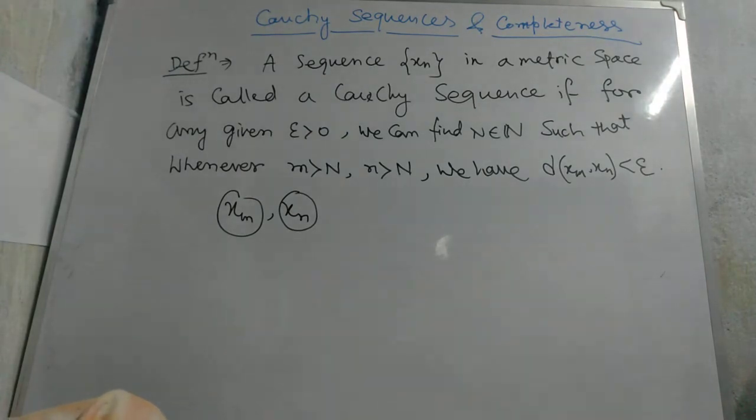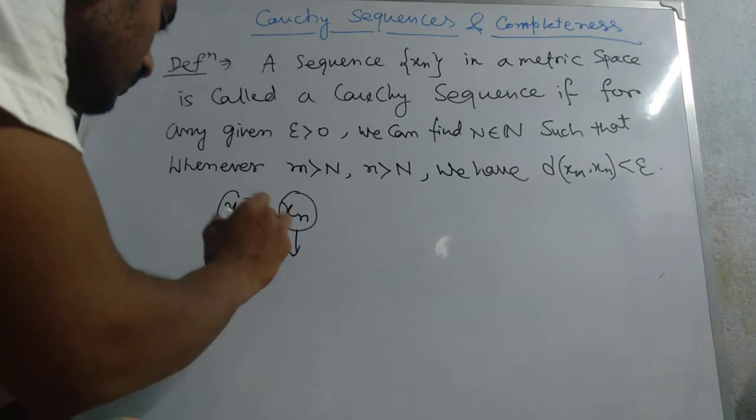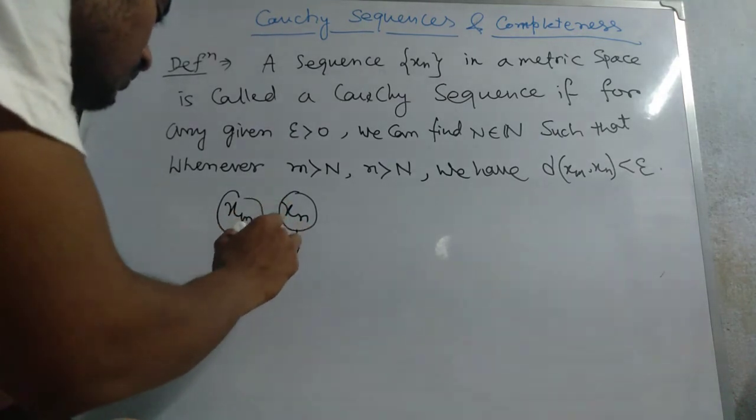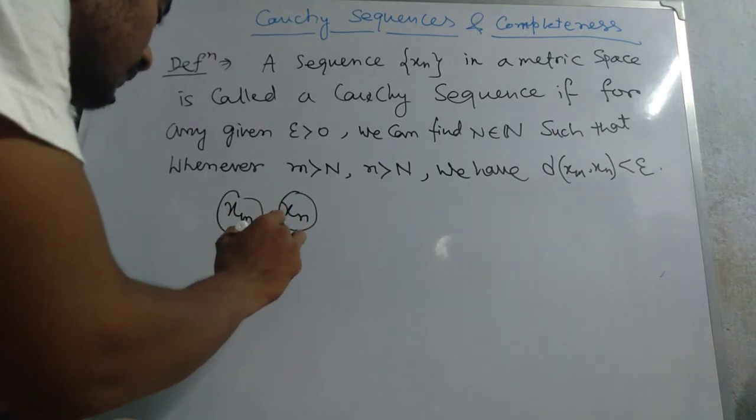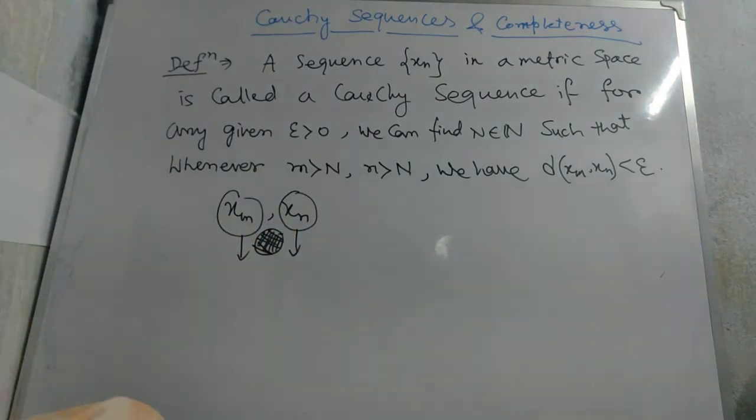In between these two terms, so many terms belong. That means so many terms are close to each other. In this way, when one sequence has this property, we call it a Cauchy sequence with respect to this metric d.